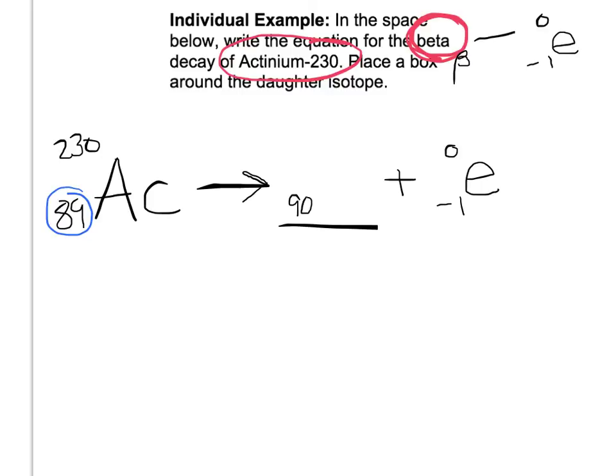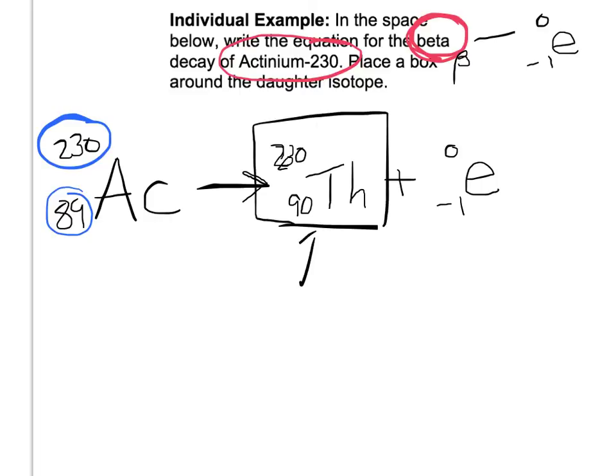So 90 is the correct atomic number, and I see from the periodic table that that would be thorium. I also need to look at my mass. I started with 230 and I need to end with 230. Since the beta particle has none, I know that the mass of thorium must be 230, and I should box in my final daughter isotope.